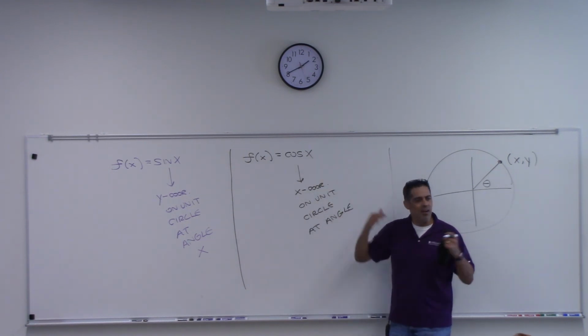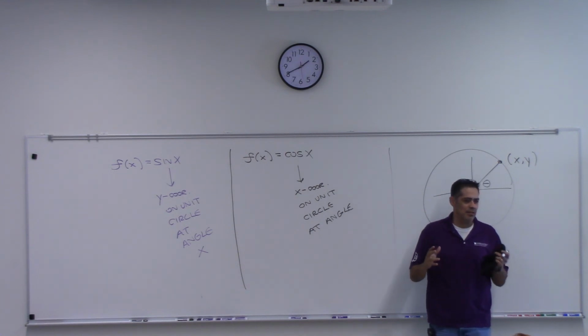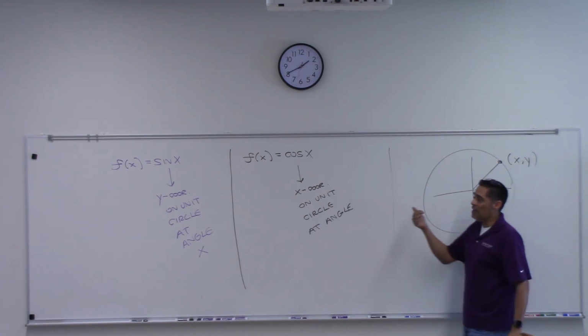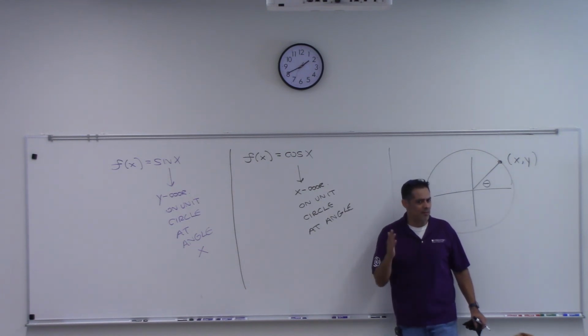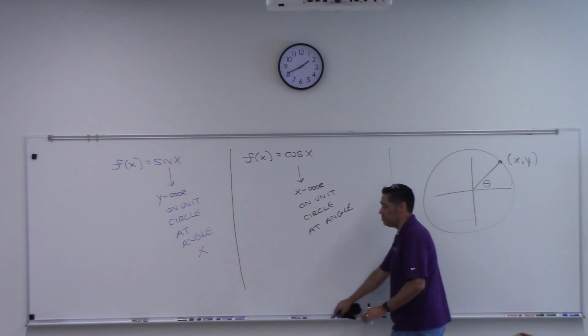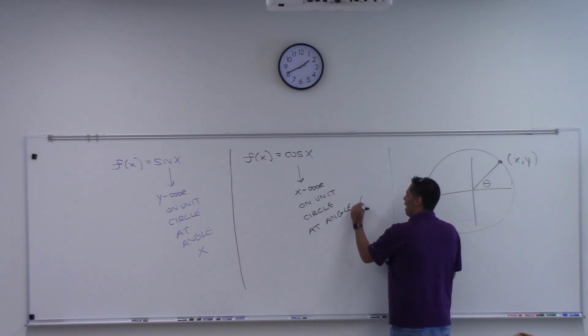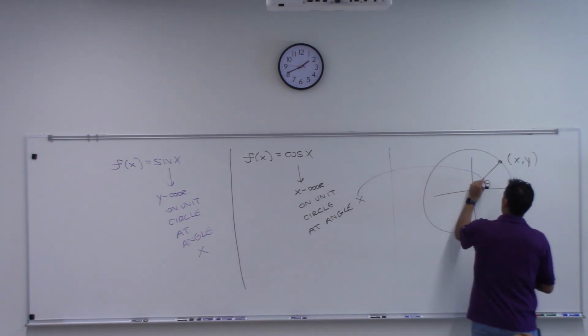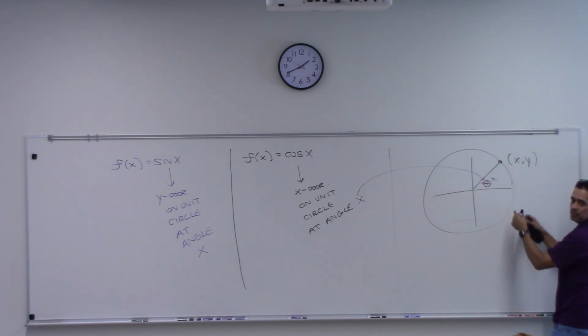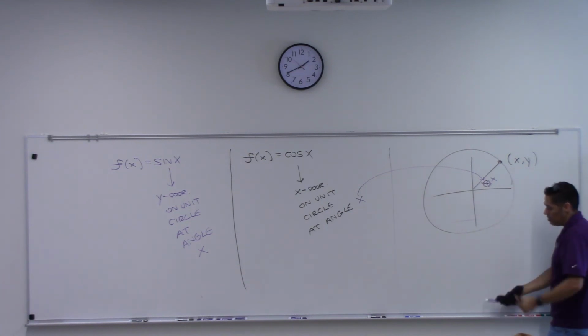This x. They're not the same x's. One of the x's is the x coordinate on the unit circle. The other x is the angle being put into the function. We stop thinking about that as theta and call it x, but these two x's are not the same. It's confusing.